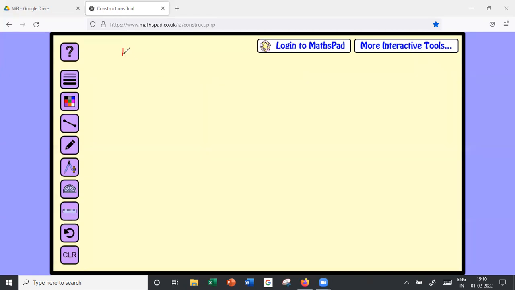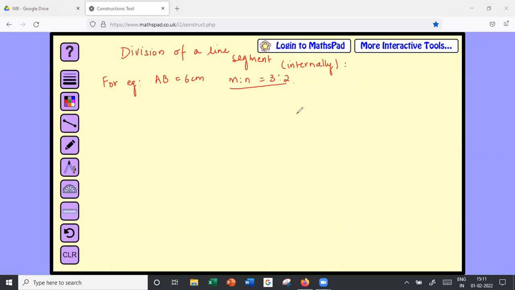Okay, so the first one is division of a line segment internally. For example, let us take the values which I had just written on the board. You basically need to divide this line segment AB, which is 6 centimeter, in the ratio of 3:2.